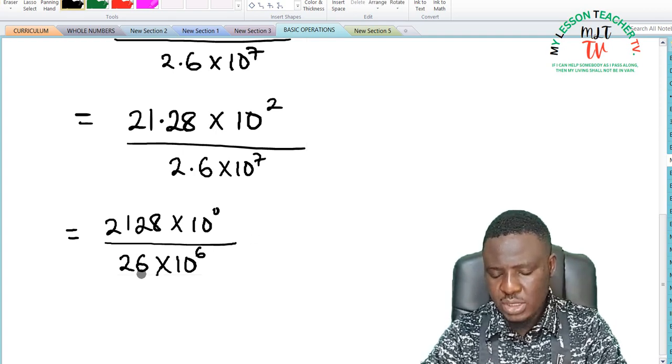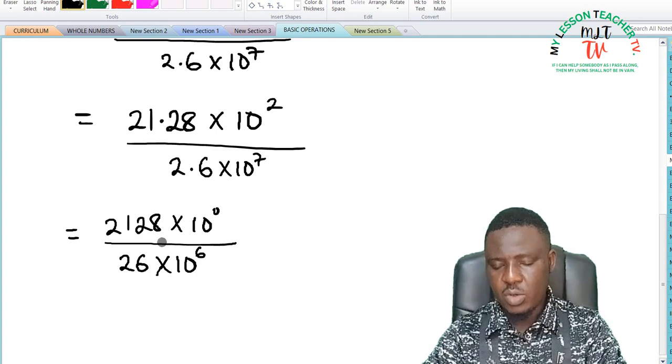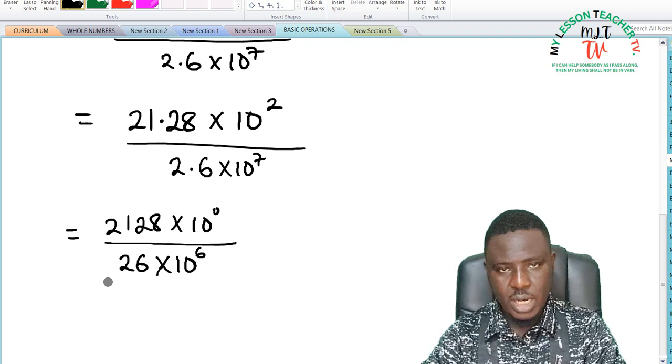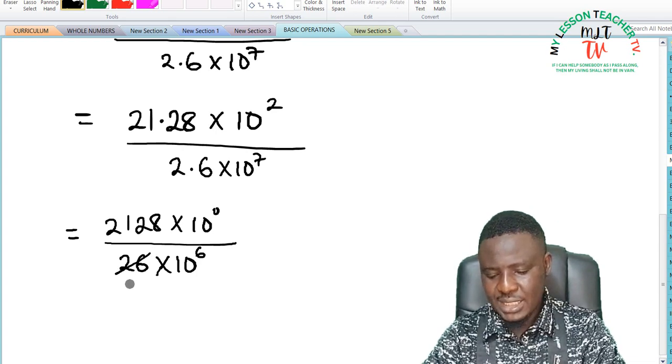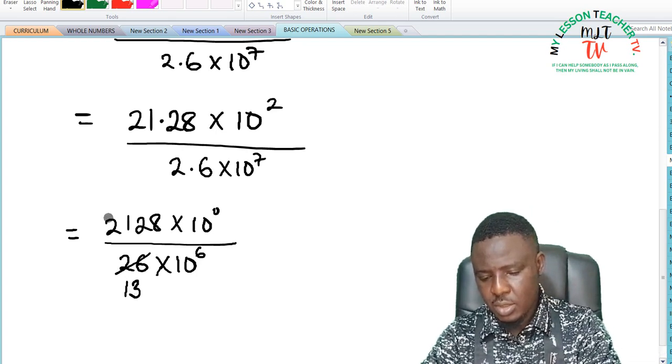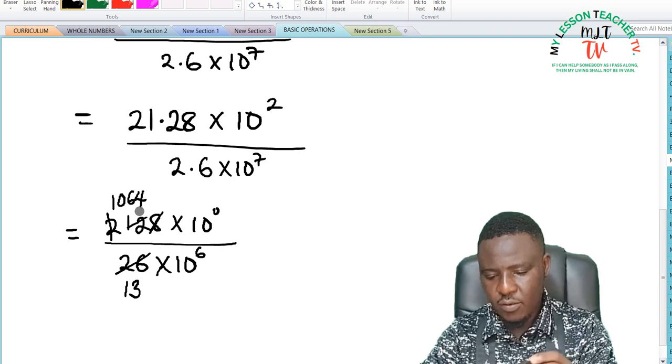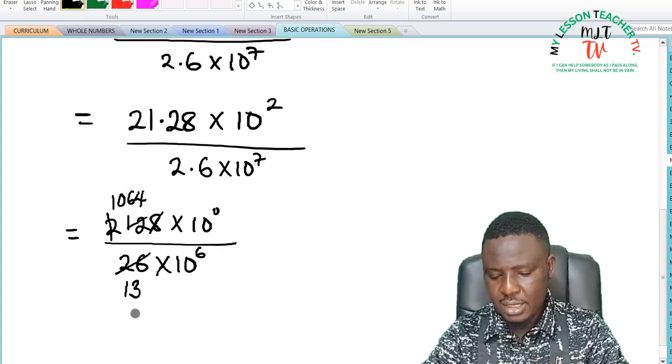So what can then divide? Looking at the denominator and numerator, you agree with me that 2 can divide. 2 into 26 is 13. 2 into 2 is 1. 2 into 1, it cannot. 0. 2 into 12 is 6. And 2 into 8 is 4. Can 13 divide?